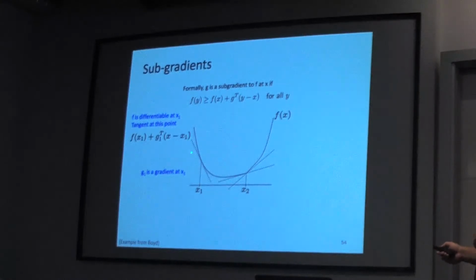We denote the slope of this tangent line as g1. So g1 is the gradient of the function f at x1, and g1 is also called a subgradient. As long as you can draw a tangent line passing through this point and staying below the entire function body, you can call it a subtangent. So g1 is both the gradient and the subgradient at x1.